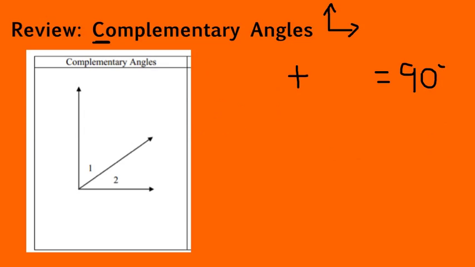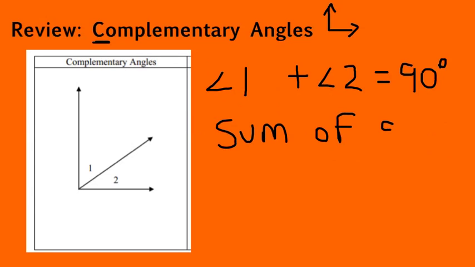So again, two angles whose sum is 90. For this example, the measure of angle 1 plus the measure of angle 2 is equal to 90. And we can put it in some words: sum of 90 degrees. So that would be our complementary angles.